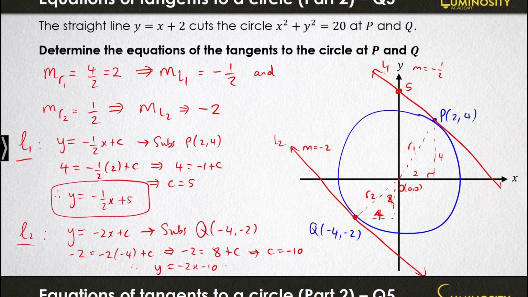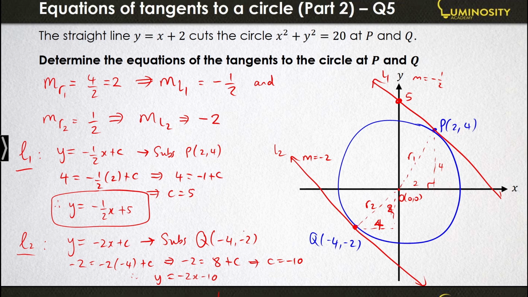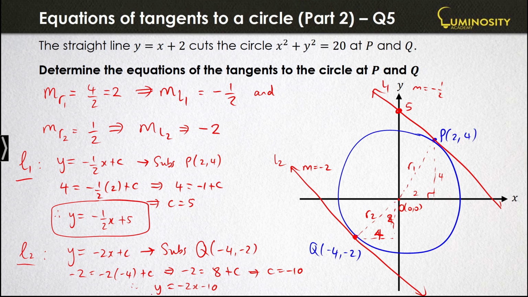And again, that makes sense, right? The c value here is negative. So that's y equals negative 2x minus 10, and this is y equals negative a half x plus 5.